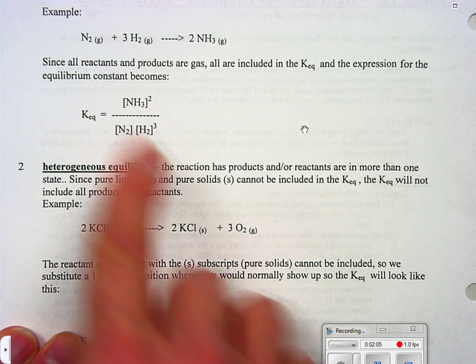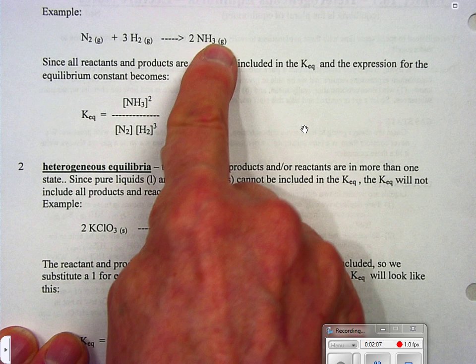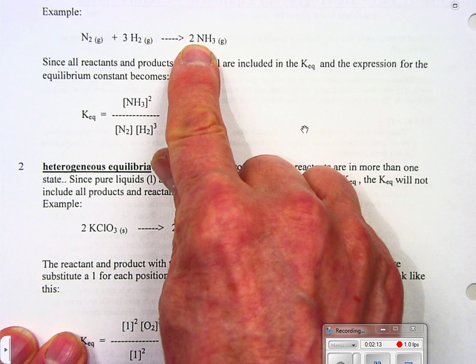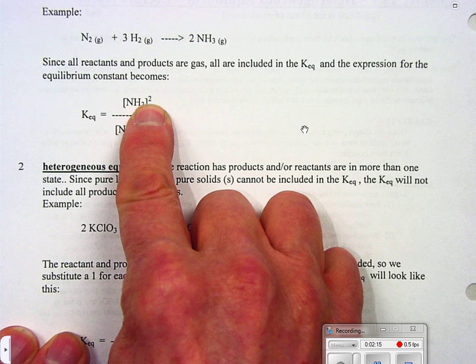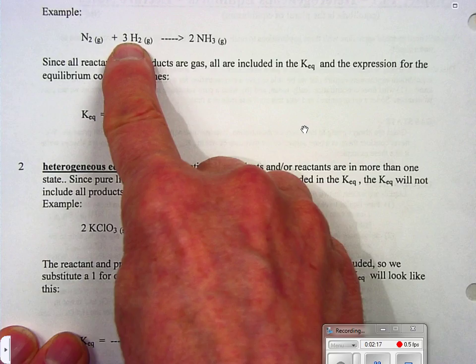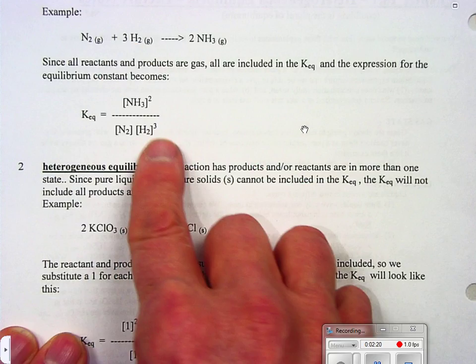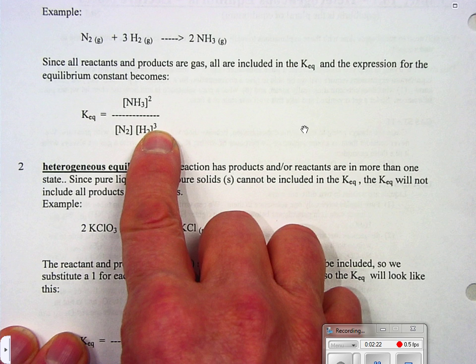Reactants on the bottom, product on the top, and we've got a done deal. The 2 here as a coefficient becomes the exponent here, and the 3, the coefficient for hydrogen, becomes the exponent down here. This is the expression. That's what I'm talking about with expressions. So let's go back and continue.